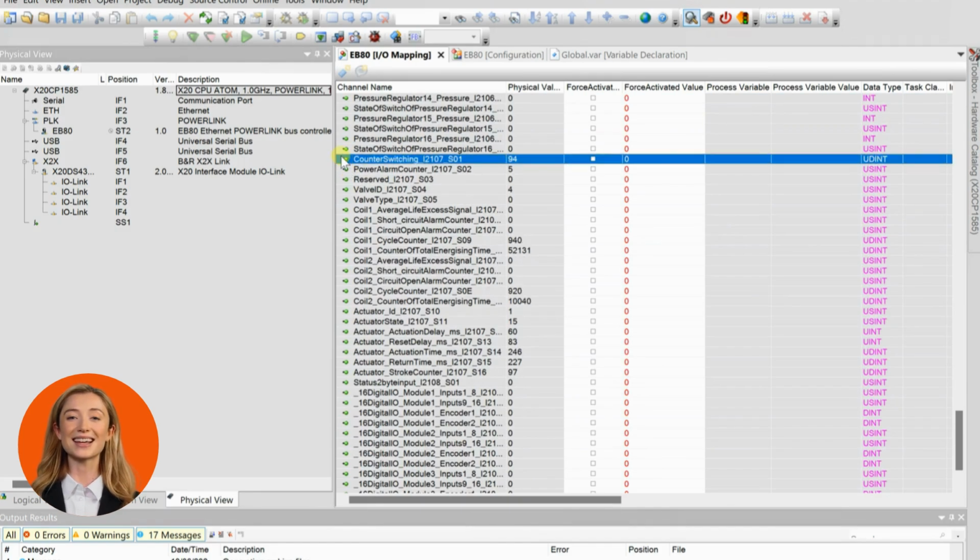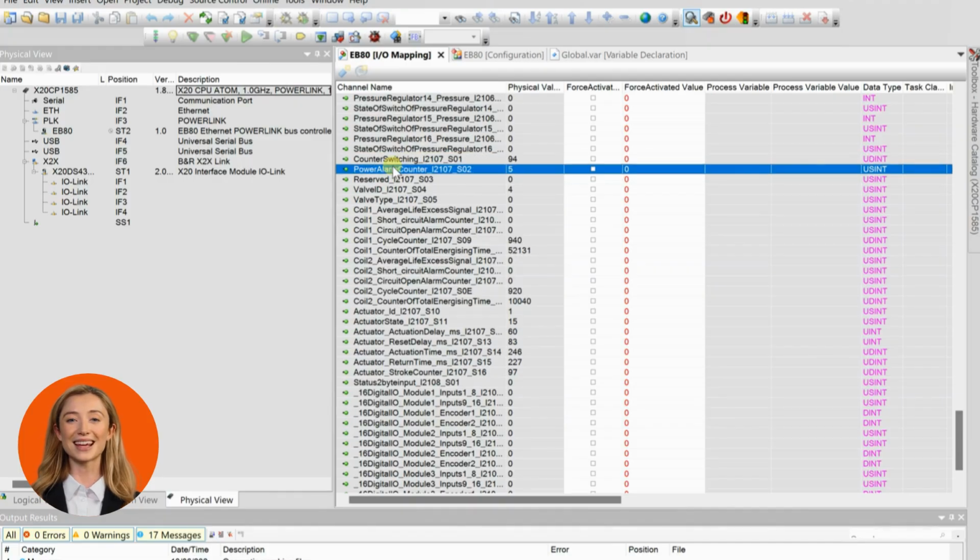Counter switching indicates the number of system power-ups and is updated at each startup. Power alarm counter indicates the number of alarms due to supply voltage being outside the allowed range.